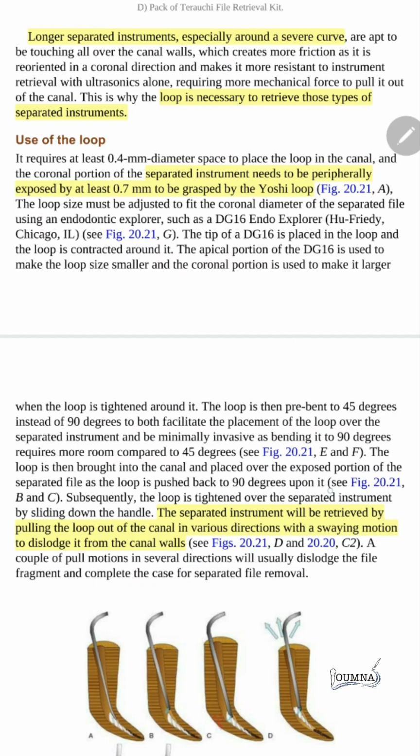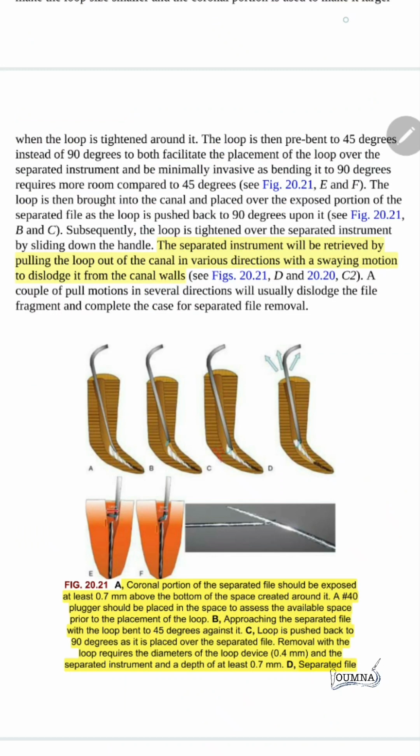The loop is 0.4 millimeter in width, which means that we need a space of 0.4 around the separated file for the loop to get in place, and it needs 0.7 of length that is visible so that we can get the loop around it. When we catch the file with the loop, we move in various directions with a sewing motion to dislodge it from the canal walls.